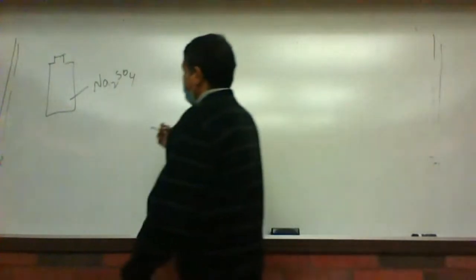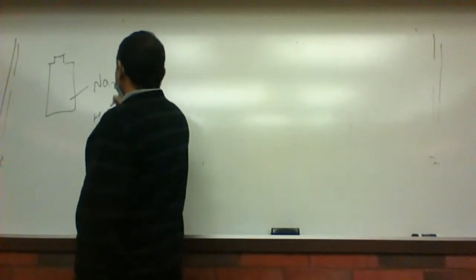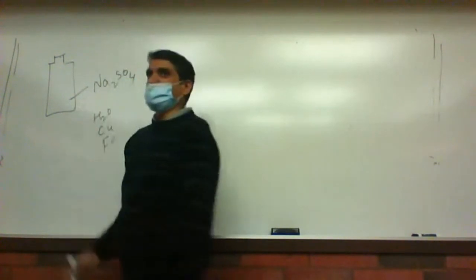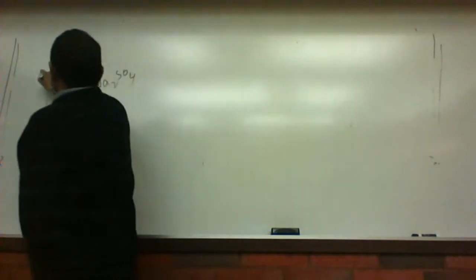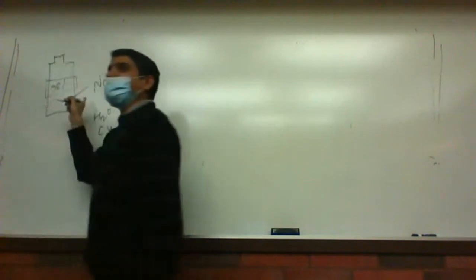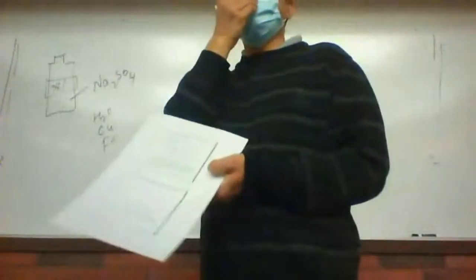We call this sodium sulfate, but maybe there is some water with this one, or maybe some copper is mixed, or maybe some iron is mixed. So this chemical is not pure. The company put the label here, and it says this is sodium sulfate, 98% pure. It says that is 98% sodium sulfate, and the rest maybe copper, maybe iron, maybe something else, maybe some water, right?